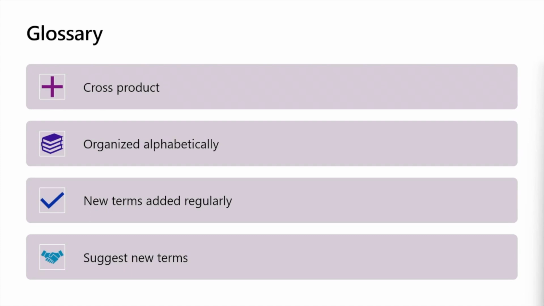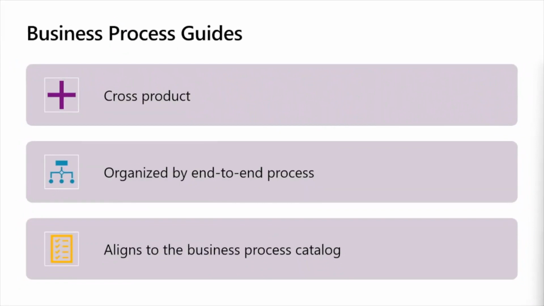Next up are the business process guides. So business process guides are exactly what this entire series of Tech Talks is going to be all about. But we're going to just give you a high-level overview today. And if you join us for the upcoming Tech Talks, we'll dive deeper into what exactly those business process guides are. The business process guides, though, are cross-product, and they're exactly what they sound like.